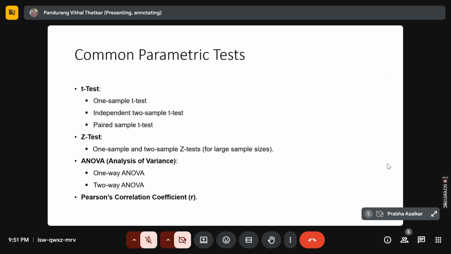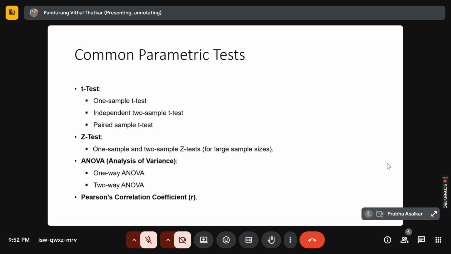Whereas in case of paired sample t-test, the samples are paired. Suppose, for example, height and weight of the same person, so they are paired. Or sometimes we test before and after. Before giving a drug, suppose we measure blood pressure, and after giving a drug. So all this is your paired data set.